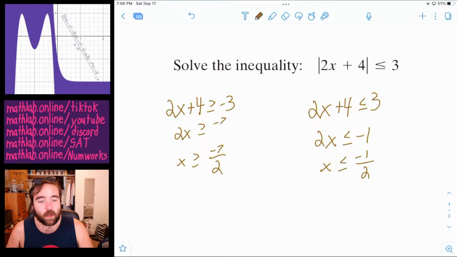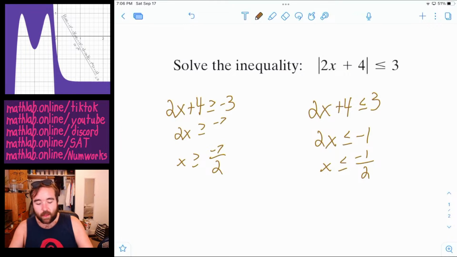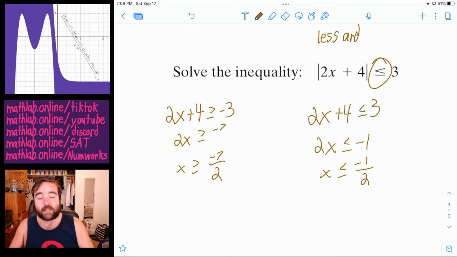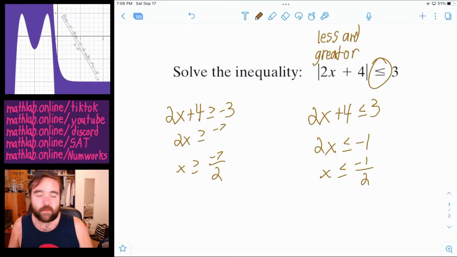We have to decide, do we need both of those inequalities to be true, or do we need just one of those inequalities to be true? And that's going to come in up here. So if it's a less than sign, then we need both of them to be true. It's an and situation. But if it's a greater than sign, then it's an or situation. We just need one of them to be true.